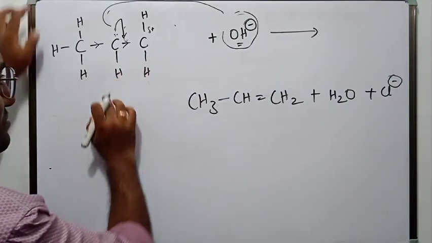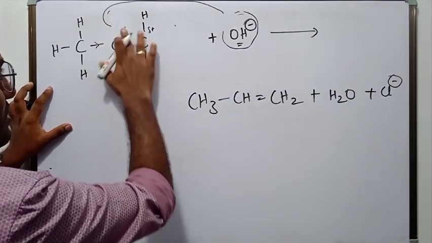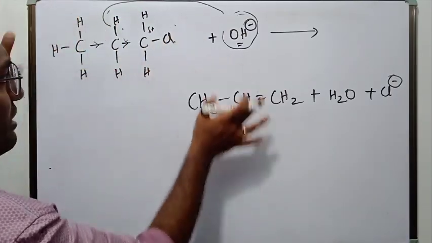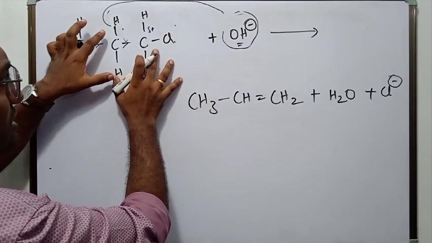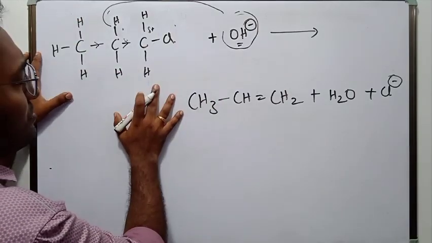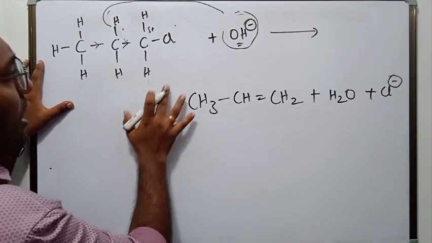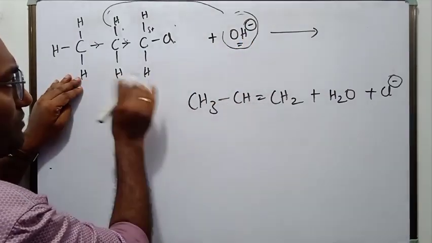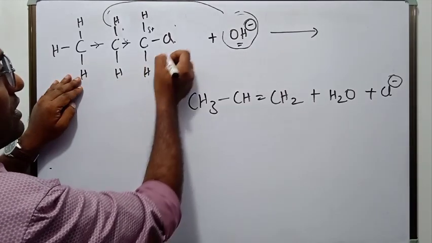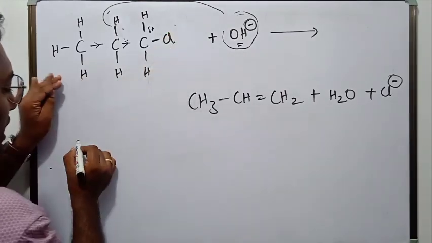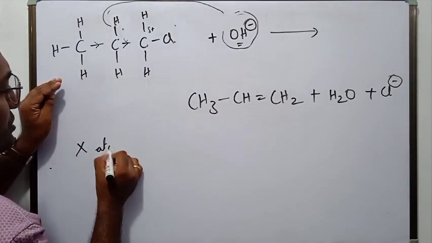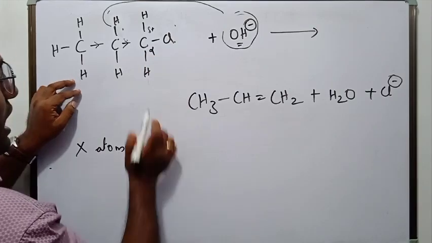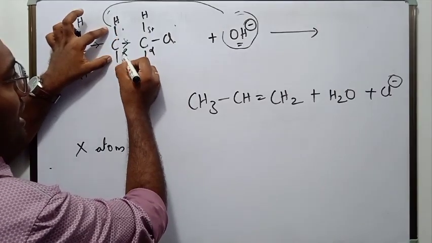Dear students, what we have seen here is that two atoms are getting eliminated from the reaction. So reactions in which two or more atoms get eliminated are called elimination reactions. To talk about this reaction specifically, a halogen atom is abstracted from the alpha carbon atom, and a proton is abstracted from the beta carbon atom.